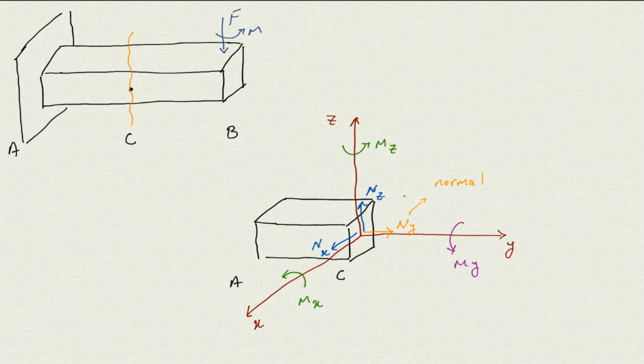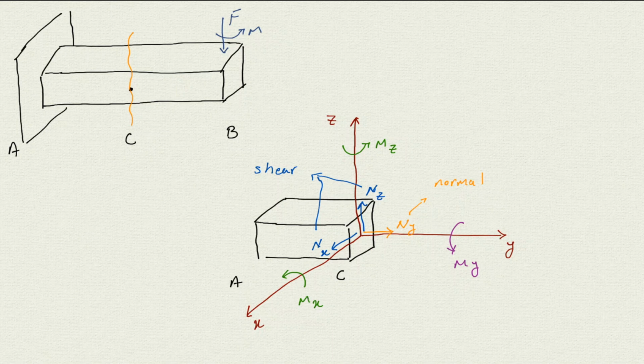The nx and nz, both of them want to cut the cross section. Assume if we have those forces, they want to cut through the cross section. So both nx and nz are shear forces. Among these three, one of them is a normal force and the other two are shears.